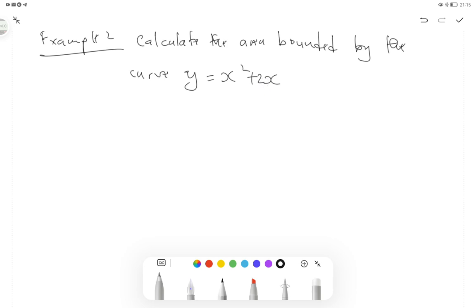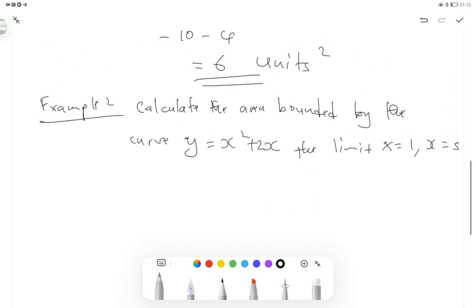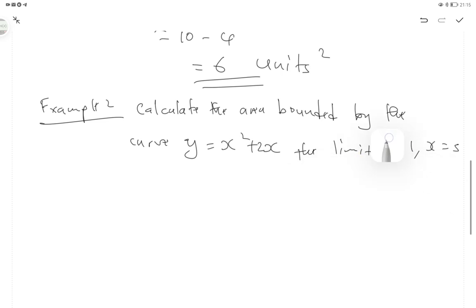The lines or the limits, x is equal to 1 and x is equal to 5. So if you see there, we have two numbers, x is equal to 1 and x is equal to 5.